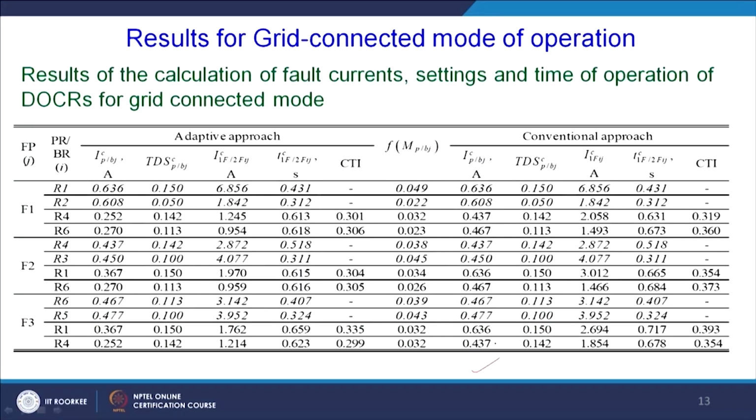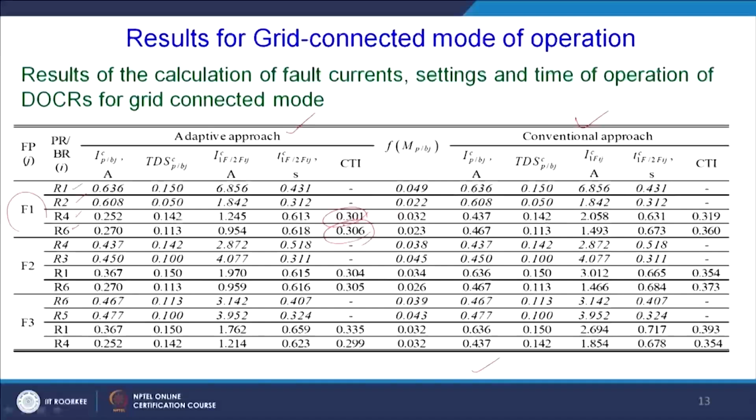This is a sample result. You can see here that this particular technique operates fine, and this is the adaptive approach that we have proposed, and this is the conventional technique. The main point, the CTI: for fault F1 position, R1 and R2 are primary, R4 is backup, and R6 is also backup.